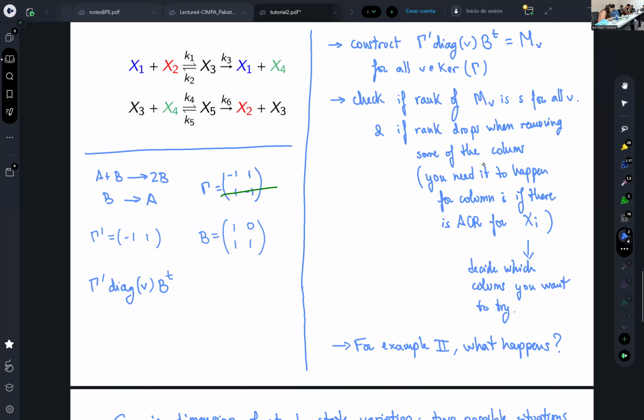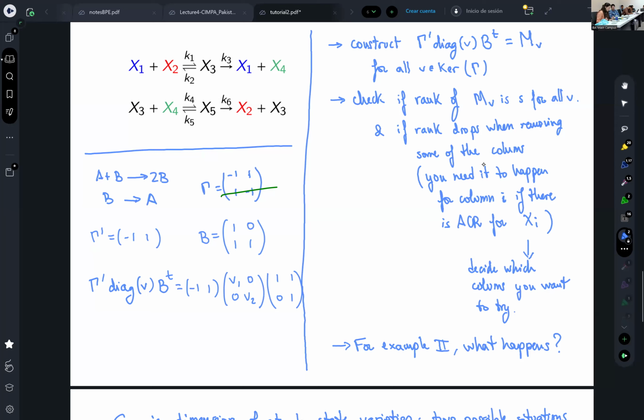So if I am to compute this matrix, then I will need -1, 1. Here in the diagonal, I will need a 2-entry vector. And then the transpose of this one. So this is what it means.